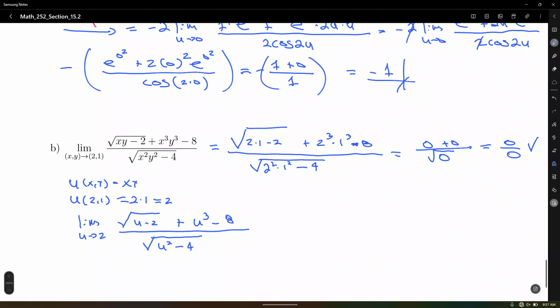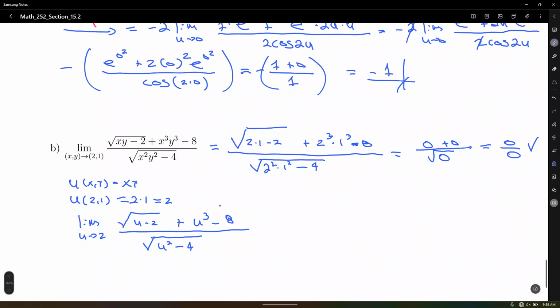Well, in this case, although you could do L'Hopital's rule, I don't recommend it because that's going to ask you to differentiate via chain rule with radicals, and that's going to take us to complex fractions with radicals. You don't want to deal with those. So we're going to use the factoring techniques in here.